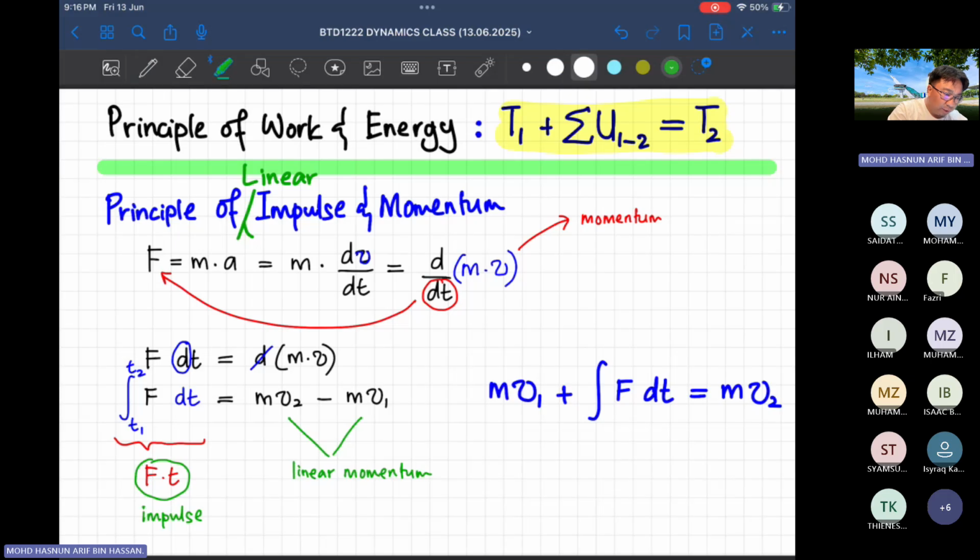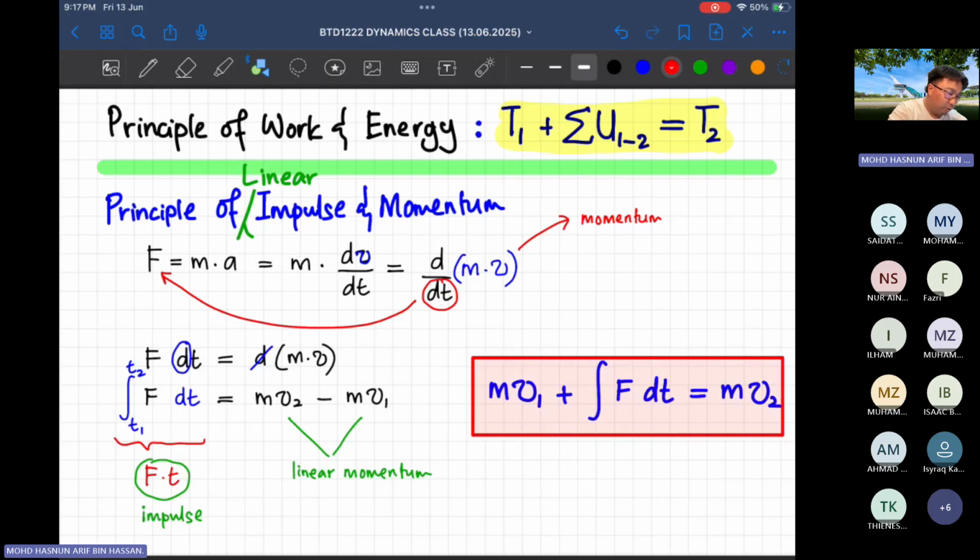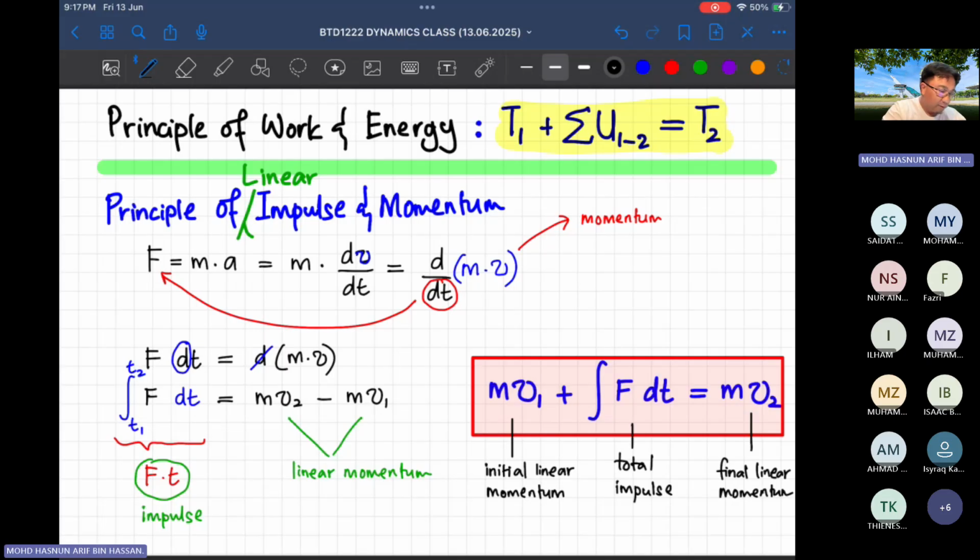Looking closer, this is the initial linear momentum, this is the total impulse, and the final term is the final linear momentum.